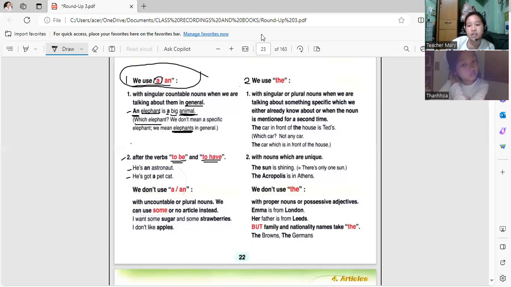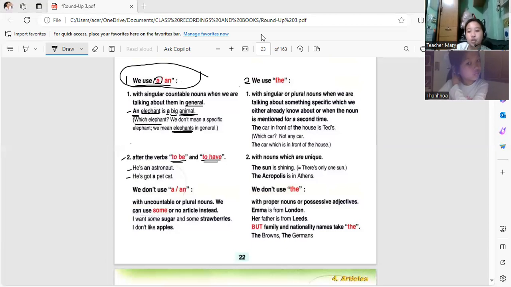I will give more examples about to be. I am a teacher. So I am referring to myself, or I would say I am going to be a teacher.